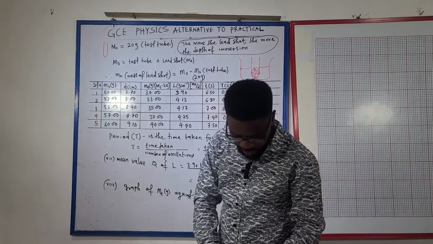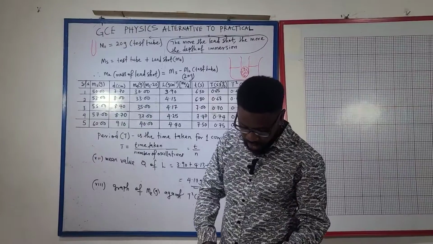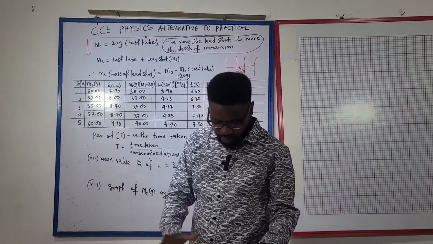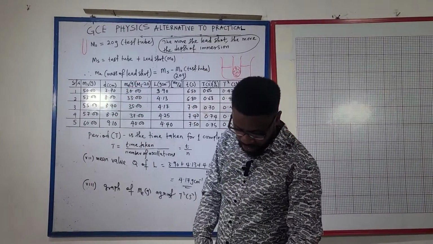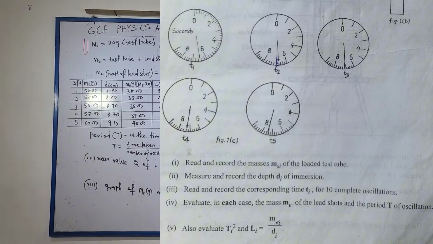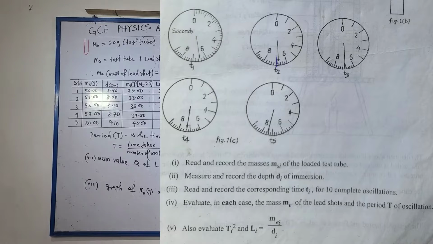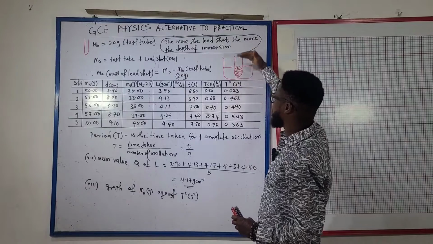Also, that's for Roman figure 1. We were told to read and record the masses MX of the test tube and the lead of the loaded test tube. That's the test tube and the lead shot. Then the depth of immersion, Roman figure 2, we were told to measure and record that. We've done that. Then we were told to read and record the corresponding time t on the stopwatch for 10 complete oscillation, which means that the test tube was allowed to oscillate up and down, up and down, 10 times.